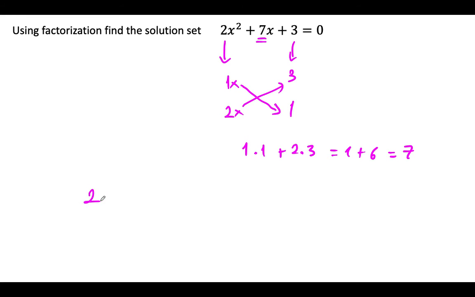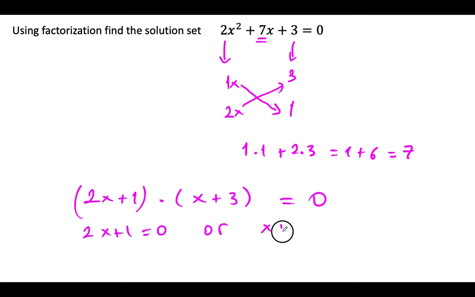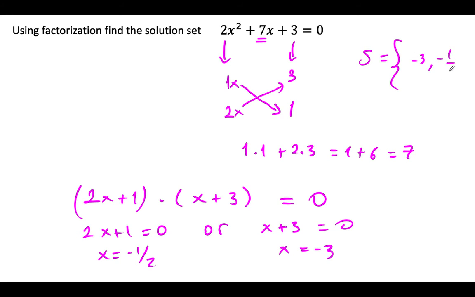We can write 2x plus 1 times x plus 3 is equal to 0. So 2x plus 1 is 0, or x plus 3 is 0. So x is negative 1 over 2, x is negative 3. So the solution set is curly braces, negative 3 comma negative 1 over 2. That's it.